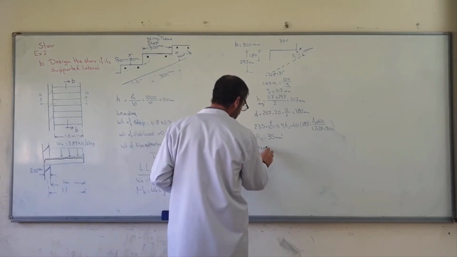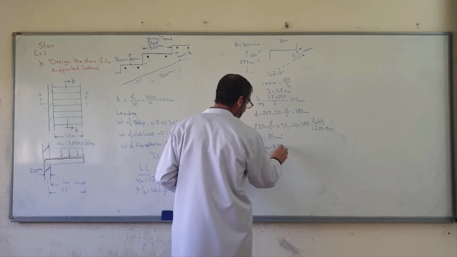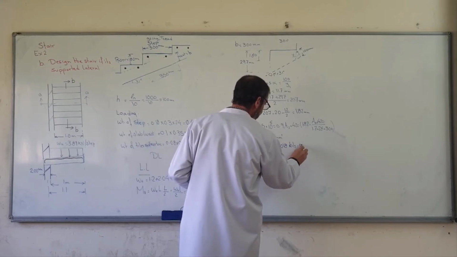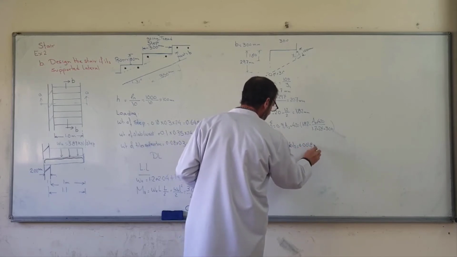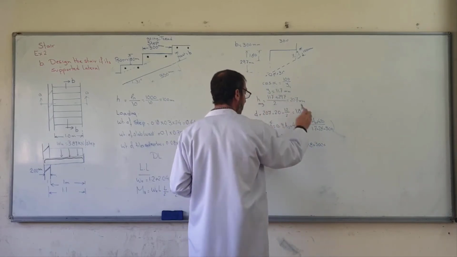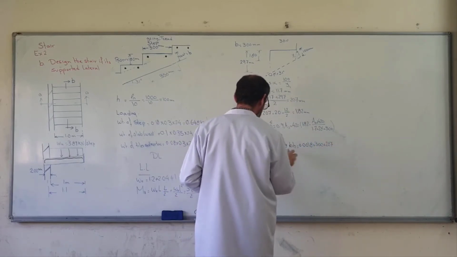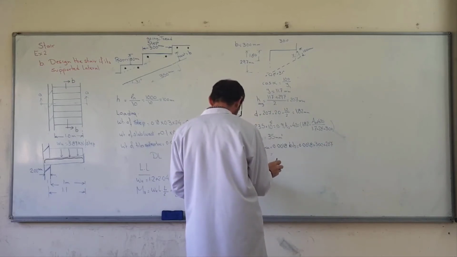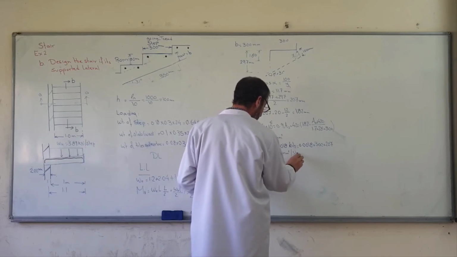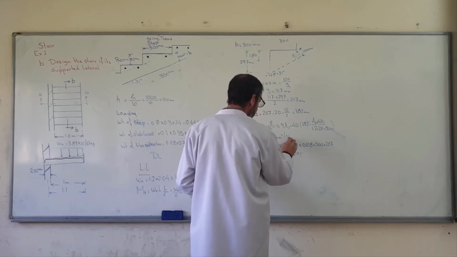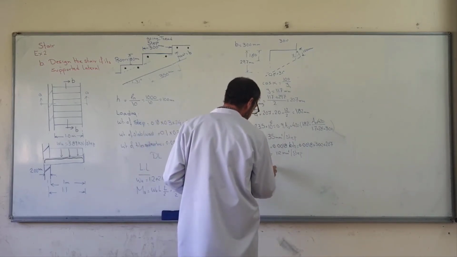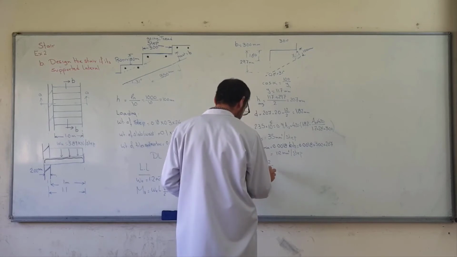AS minimum is equal to 0.0018 times B times edge. 0.0018 times B 300. Edge, we found the average edge, 207, and this is equal to 112 millimeter square per step. Everything per step. This is per step. Now, we use phi 10.